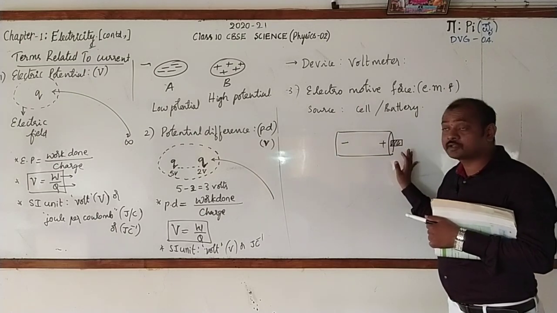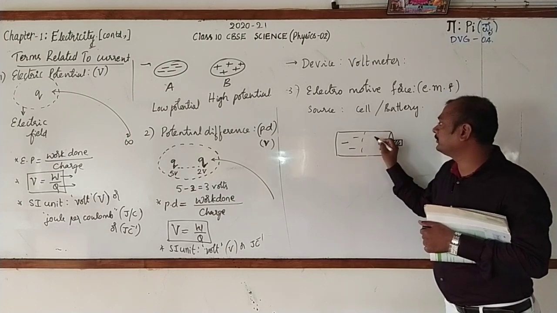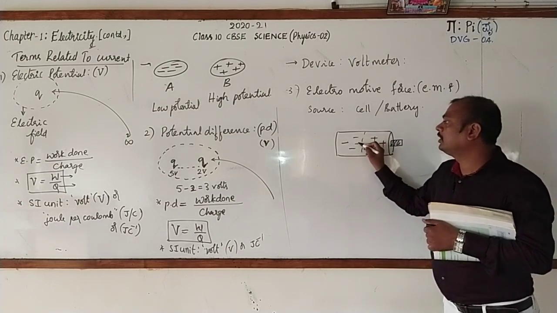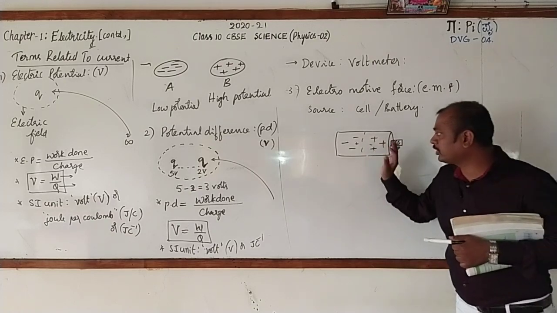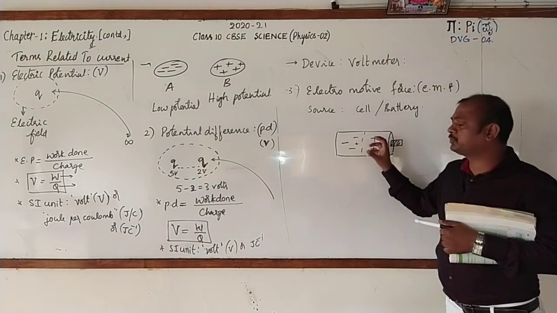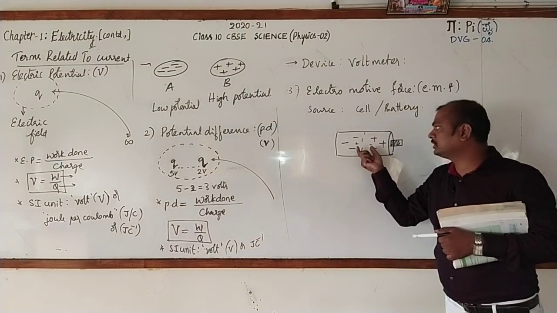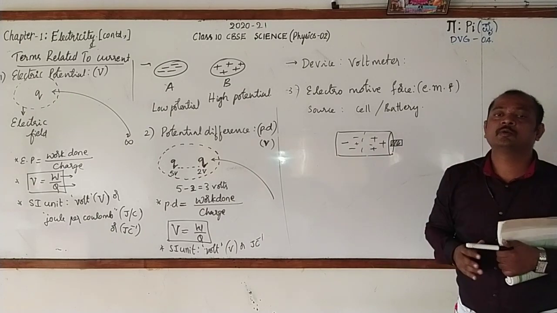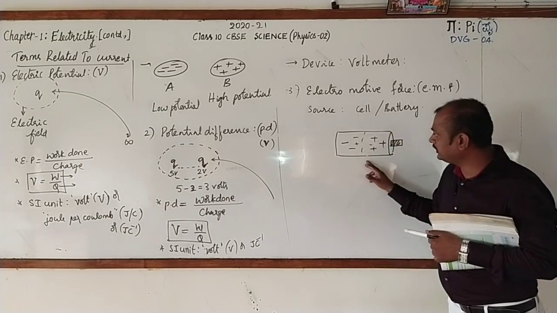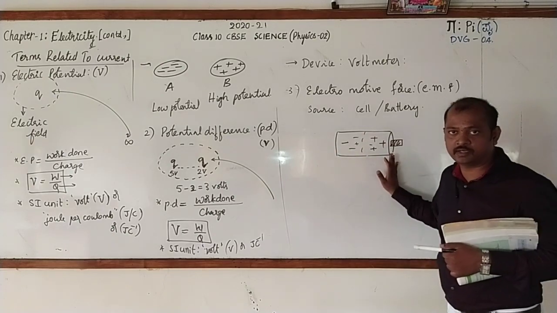The wires are not connected. In spite of that, it is maintaining the constant potential difference. Why does the constant potential difference exist? The reason is the chemical action taking place inside the cell generates the potential difference, even though it is not connected to the free ends of a conductor.